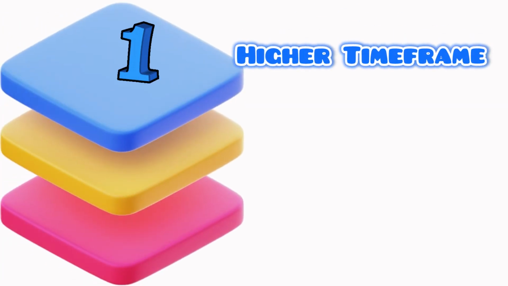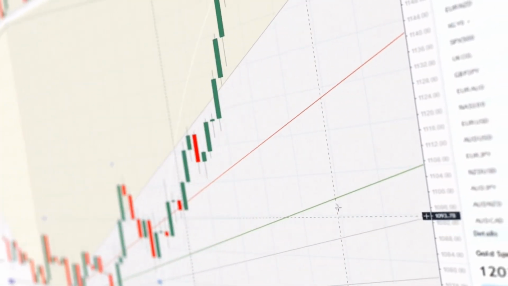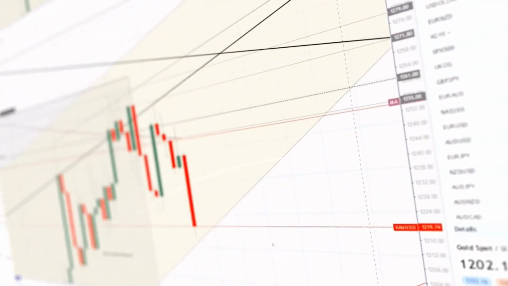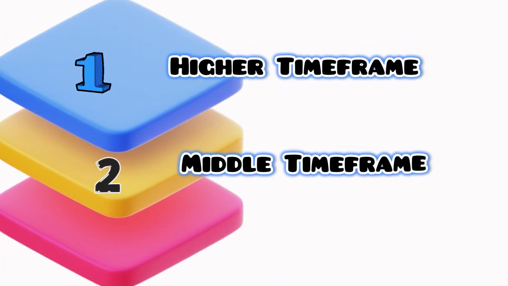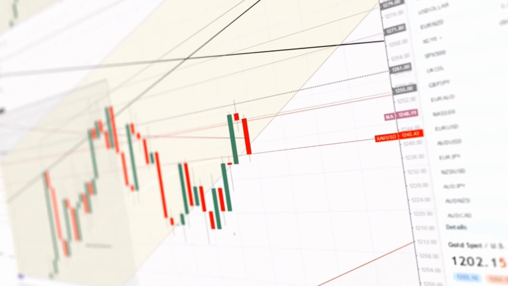And the three layers that I do recommend is starting from your higher time frame. Now, your higher time frame is really what's going to give you that bigger picture so that you're not looking through a straw, right? So it's the bigger picture of the trend on the higher time frame. Then we've got the middle layer or the middle time frame. In that middle time frame, this is where you get the setup, because you're now zoning in on market structure.